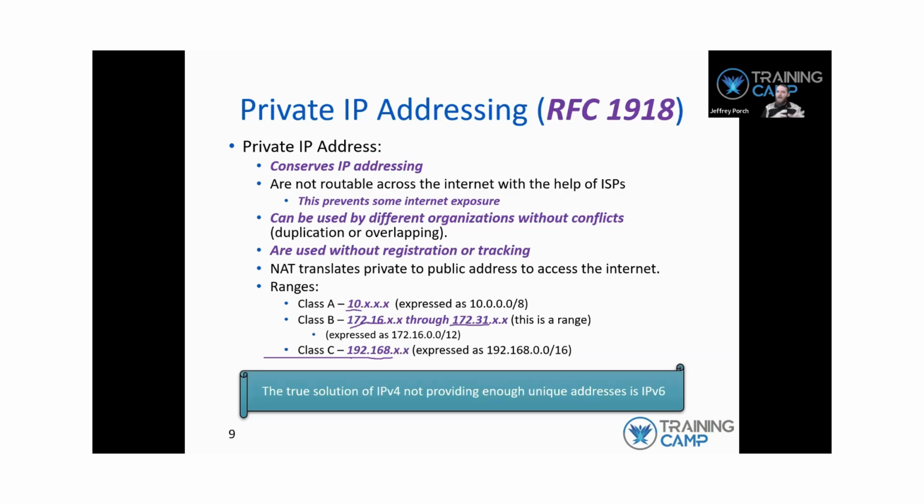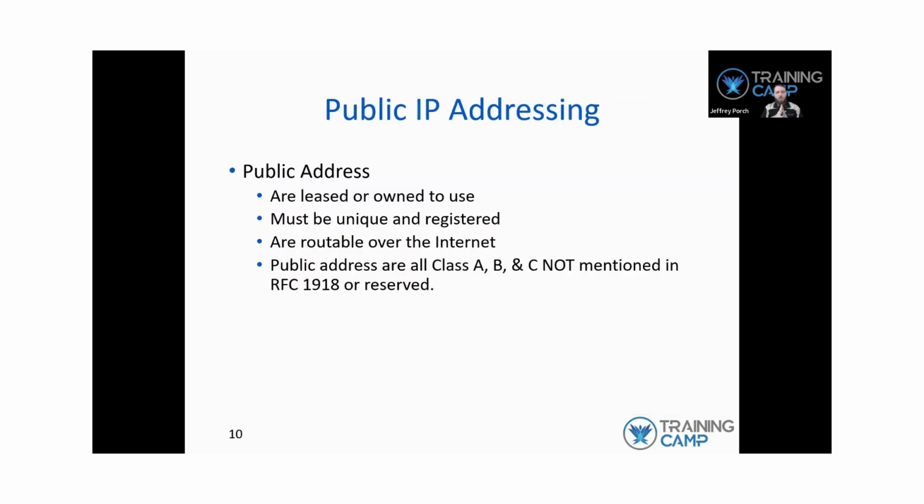So anywhere between 2.5 and 10 times as many addresses as IPv4 can support. So even though they made the internal-external separation, where you have private IP addresses inside and public IP addresses on the internet, representing your house or the apartment building in my example, we're still running out.